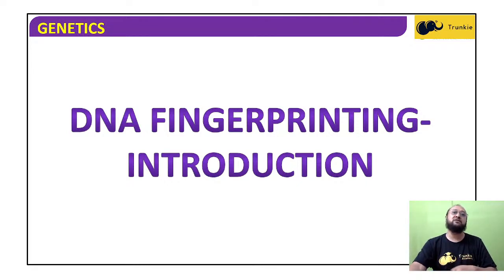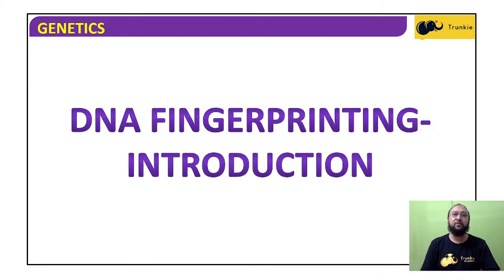So first of all, we have to start with DNA fingerprinting. A little bit of a brief idea: this term you have heard previously, maybe while watching movies in the cinemas or in the news. Somebody has murdered somebody, or there is some kind of investigation going on.